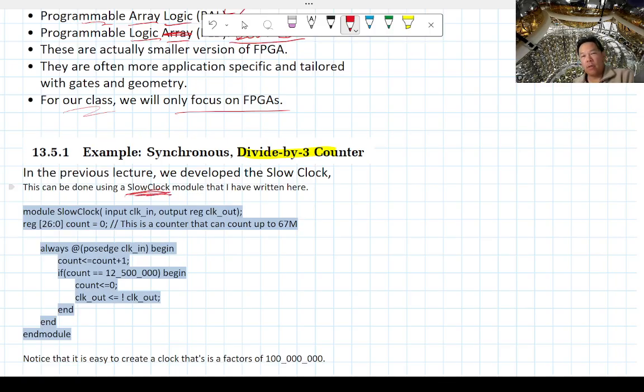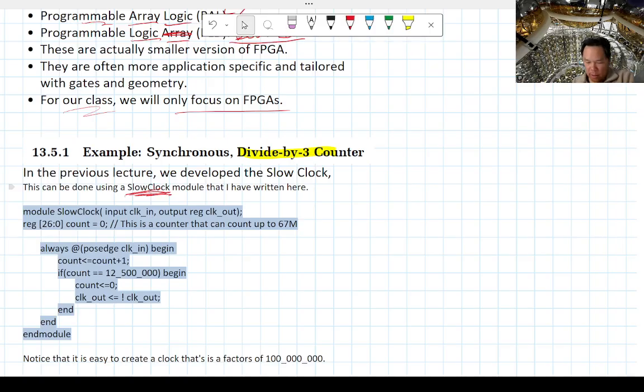If we start off with a 100 megahertz clock, we can divide that to make a 1 megahertz clock by counting up to 100, and then resetting the clock.